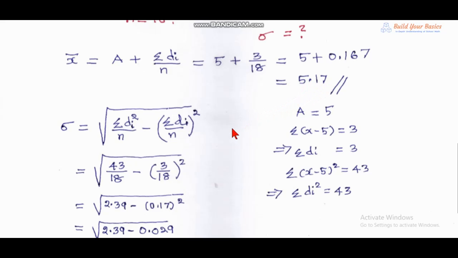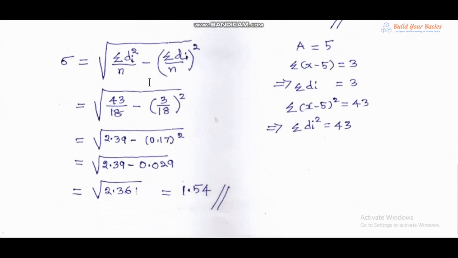Now we have to calculate the standard deviation. Standard deviation equals square root of sigma di squared by n minus sigma di by n whole square, where di equals x minus 5.